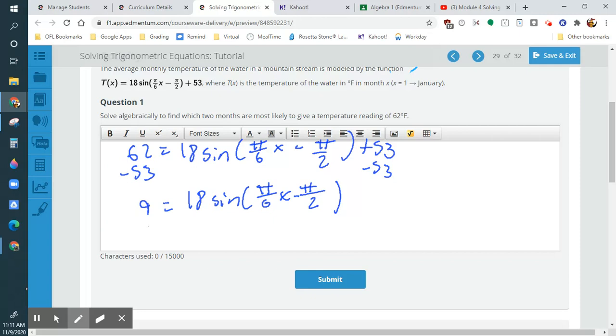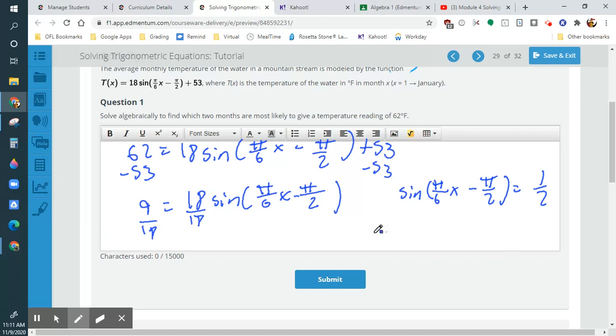And then we're going to divide by 18 on both sides. I'm going to put the 1/2, this 9 over 18, on the right side now, just to make it a little easier. So sine of pi over 6x minus pi over 2 is equal to 1/2.